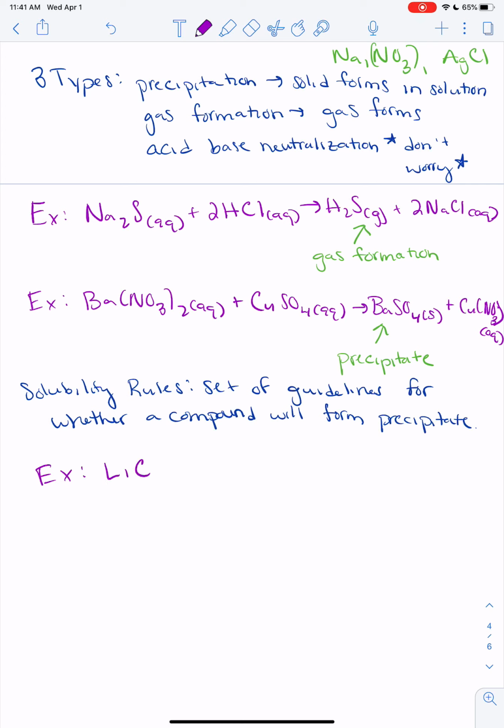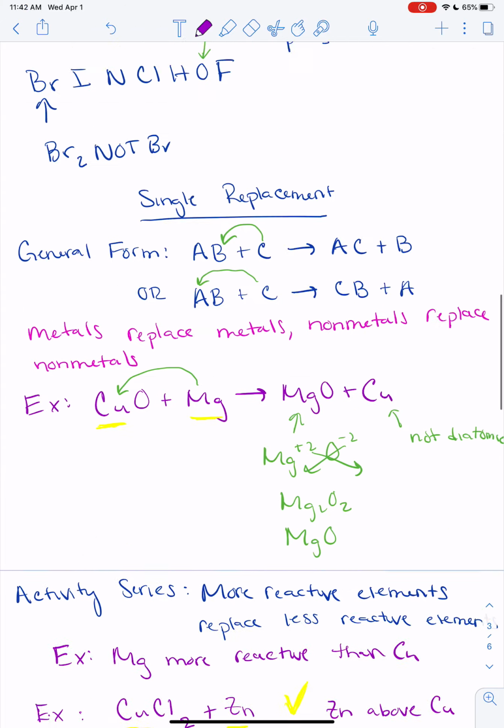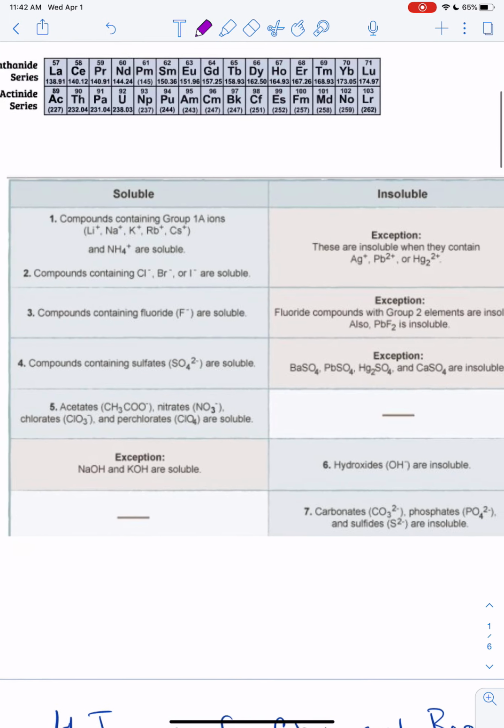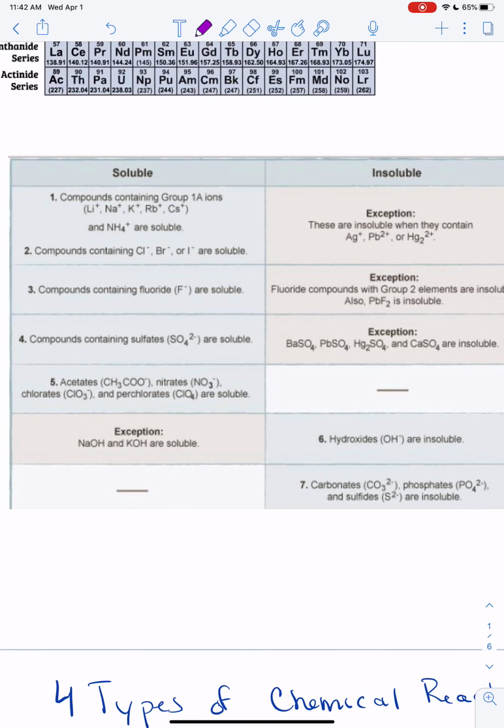Let's say we're looking at LiCl. We're trying to figure out, is this going to be soluble or is this going to be insoluble and form a precipitate? So let's look up at our solubility rules. I see compounds containing lithium are soluble. There are exceptions.